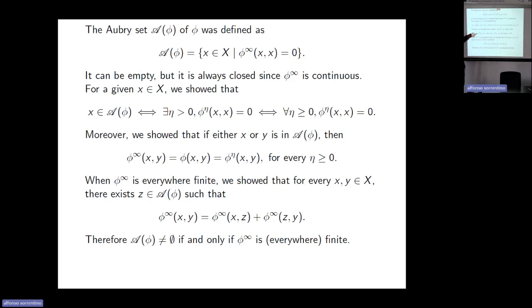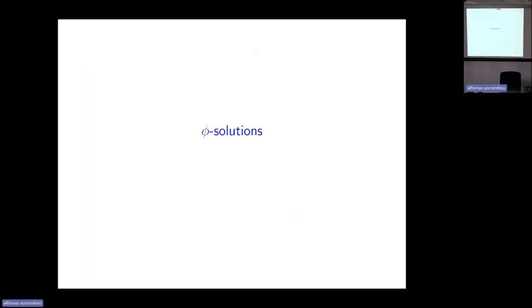By the way, because of this result, this is also phi infinity of x, c plus phi infinity of c, y. And we concluded that the Aubry set is not empty if and only if phi infinity is everywhere finite. It's like recalling whatever was mentioned from the last two lectures.